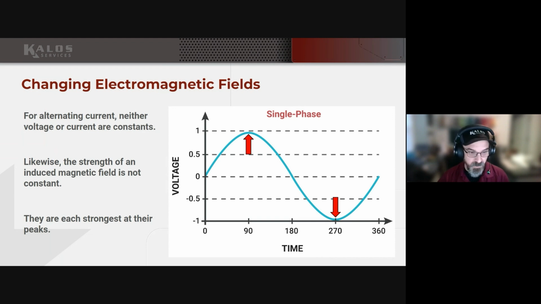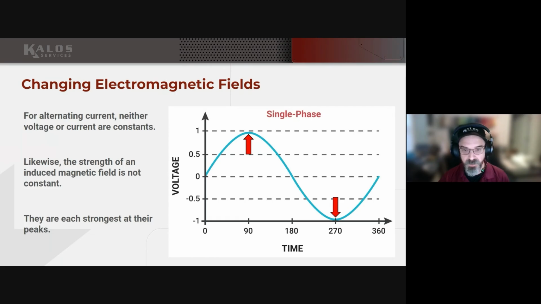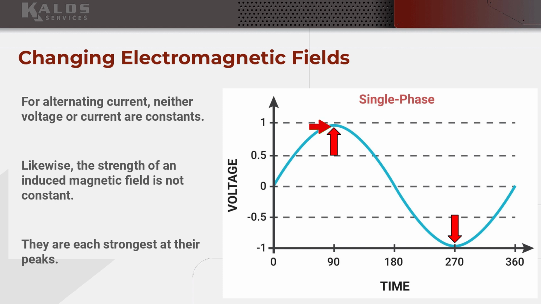So when our voltage is at 0, our current is at 0, and also the magnitude of our electromagnetic field is 0. All three of those increase proportionally as voltage rises and falls. They are going to be strongest at their peaks. This is the peak in the positive direction, and this is a peak in the negative direction.